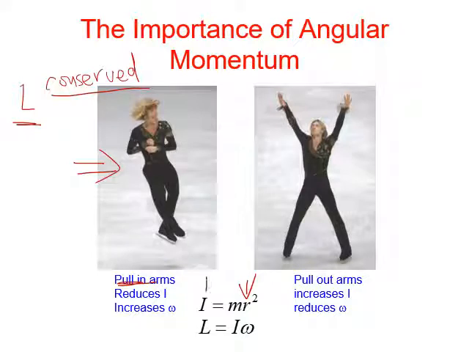This decreases the moment of inertia, and since angular momentum is conserved, the angular speed becomes faster. When you want to slow down, you pull out your arms, which increases the radius and the moment of inertia. Again, because angular momentum is conserved, the rotational speed becomes smaller.